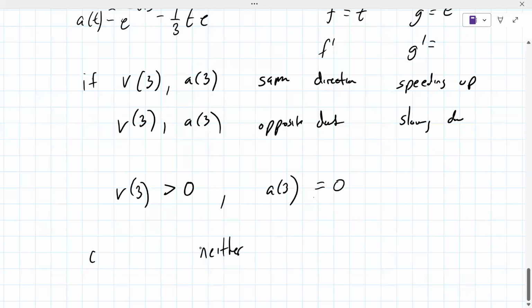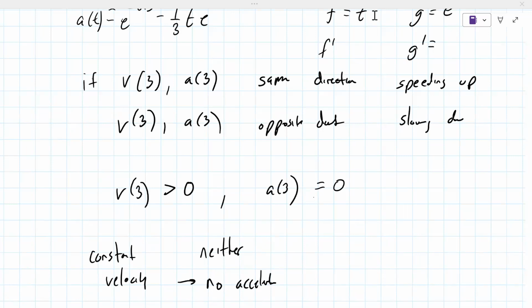So it actually just has constant velocity. When you have constant velocity, there is no acceleration. So maybe call that a trick question if you want. If the acceleration is 0, then it's not accelerating.